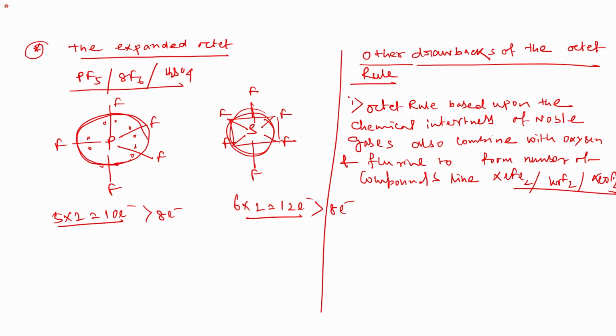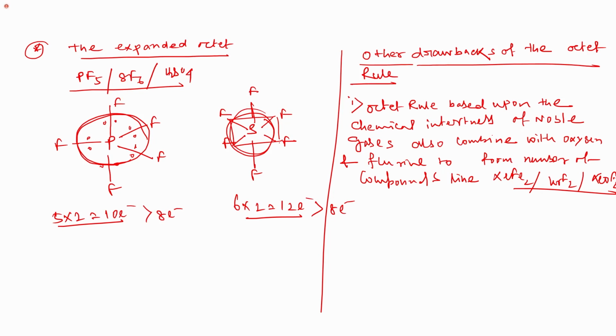So this drawback is saying that we know the noble gases are inert because they already have 8 electrons in the valence shell. So they are not capable of reacting with other molecules.